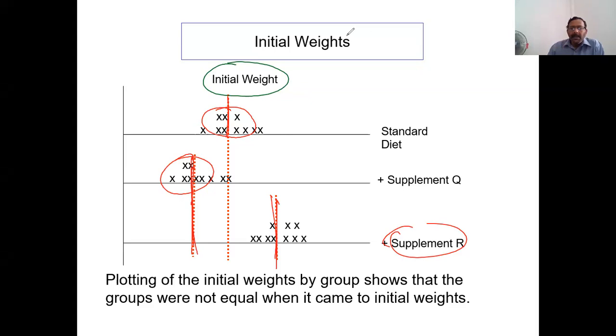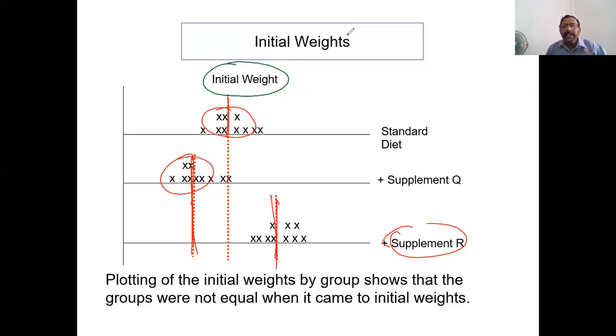Similarly here, in these three cases, if you look at the average initial weight of the cows for the three treatments that we have taken, they are not really at the same weight. They are showing different weights.